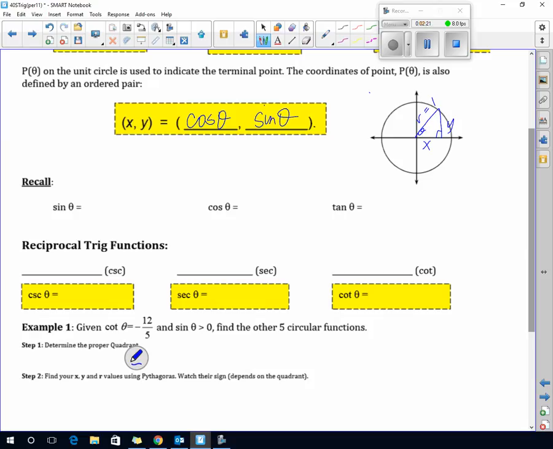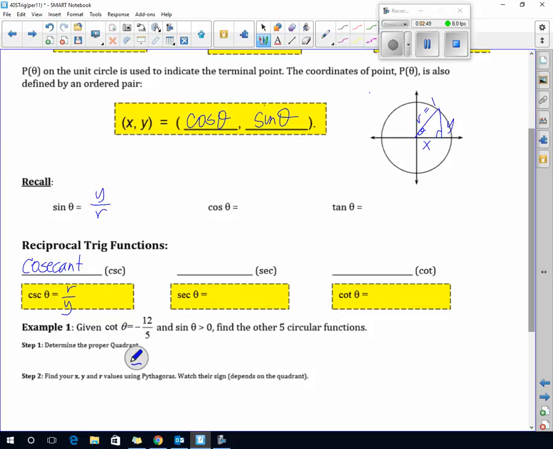And so, if sine theta is equal to y over r, then cosecant theta is equal to r divided by y. So I write it out as cosecant. So it's the reciprocal of sine.